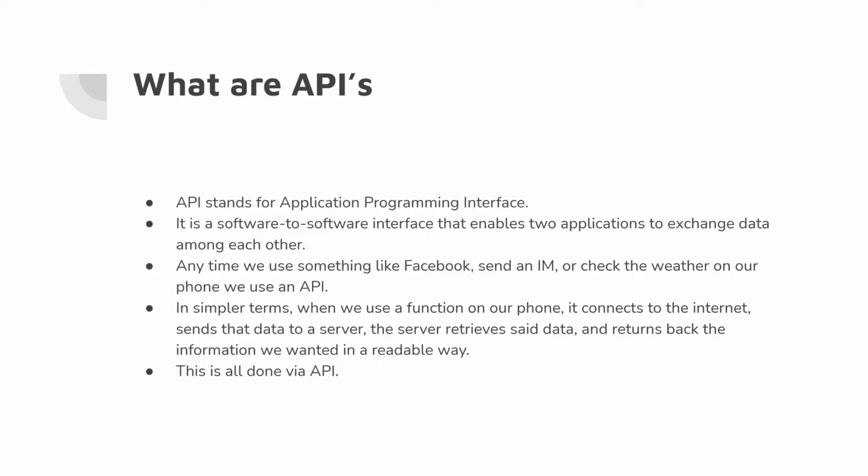The server then retrieves said data and returns the information that we wanted in a readable, hearable, visible, or any type of able way that is needed at that exact time. And this is all done via API calls.